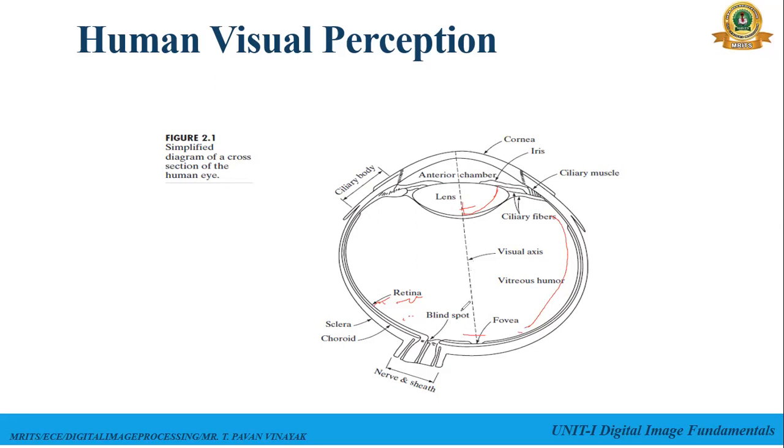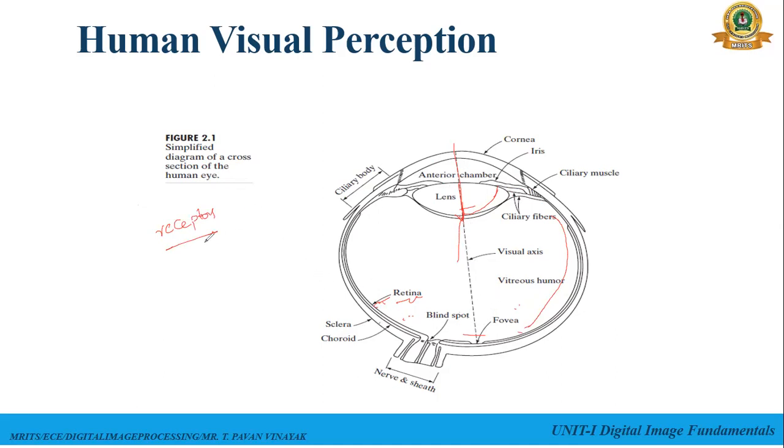The retina consists of receptors. It receives the signals.